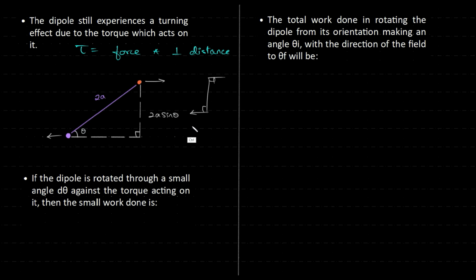You should be very clear with why we are taking 2a sin theta, not 2a cos theta. This length is going to tell how far away horizontally these forces are. It won't help us in rotational stuff. What helps us is this length. Agree? So your force is EQ, EQ.